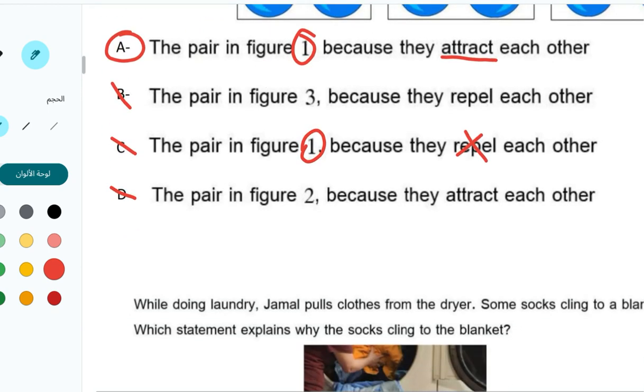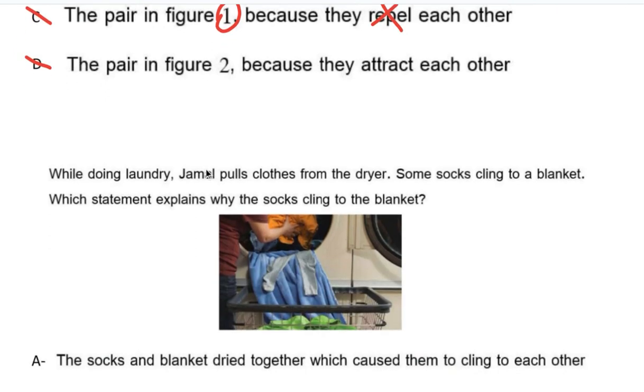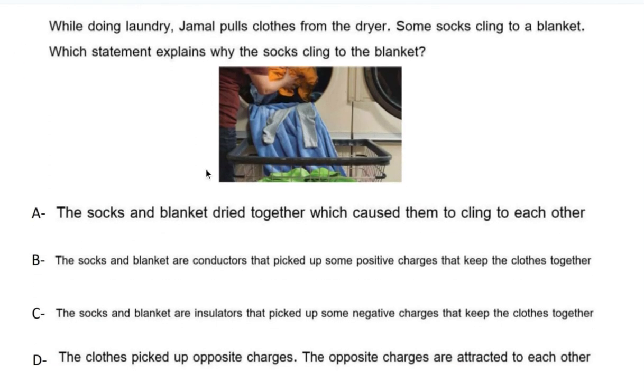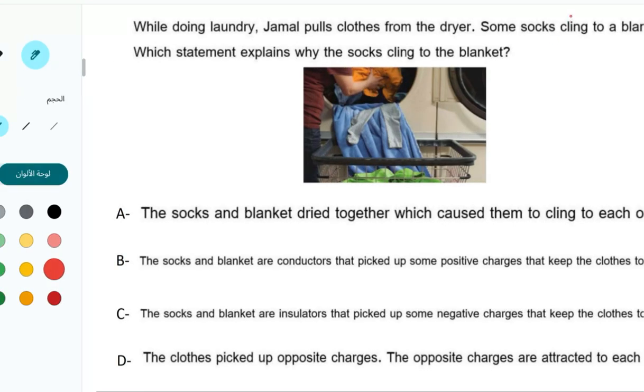Let's move on to the next question. While doing laundry, Jamal pulls clothes from the dryer. Some socks cling to a blanket. What does this word cling mean? Which statement explains why the sock clings to a blanket? Let's look at the picture now. What are the socks and the blanket doing?